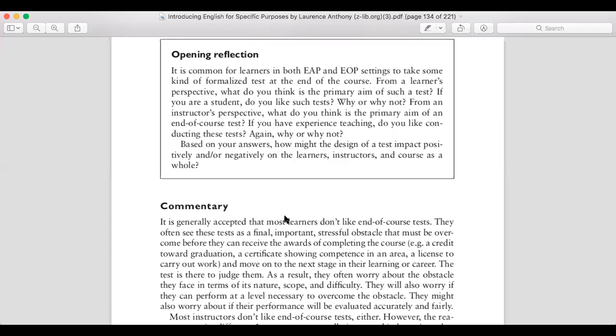So basically, it's not a very encouraging or a happy process for both the people who are taking these tests and the people who are conducting these tests, right?